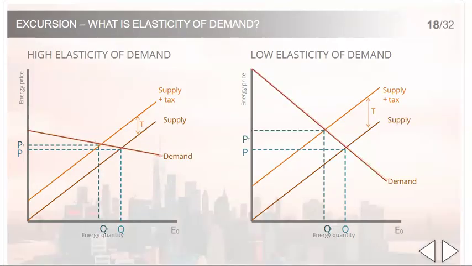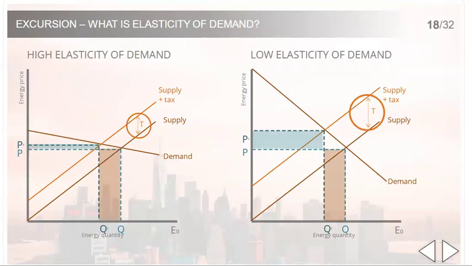For example, a tax, T, on energy supply will induce a larger decrease in energy use when the price elasticity of demand for energy in the sector is relatively high. To achieve the same reduction when elasticity is low, demand is inelastic, however, would require a higher tax.